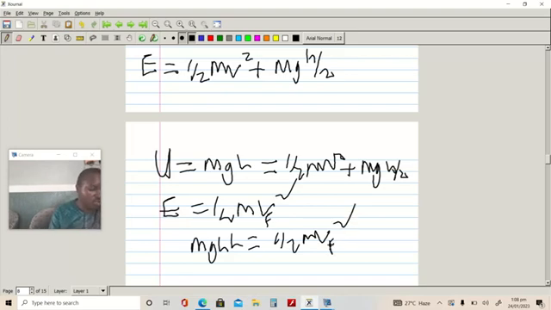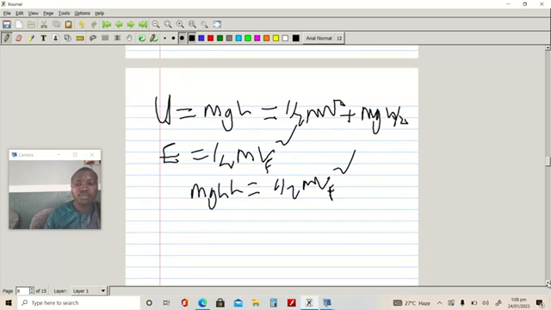That's what we have at that point. And of course, the value of the kinetic energy is also equal to the original value of the potential energy.